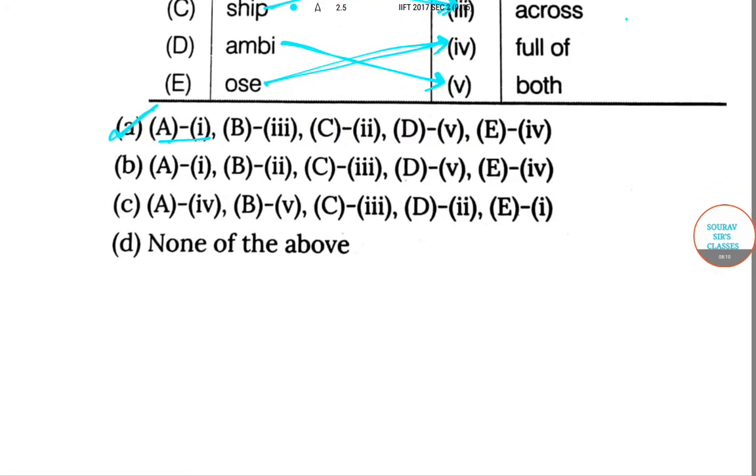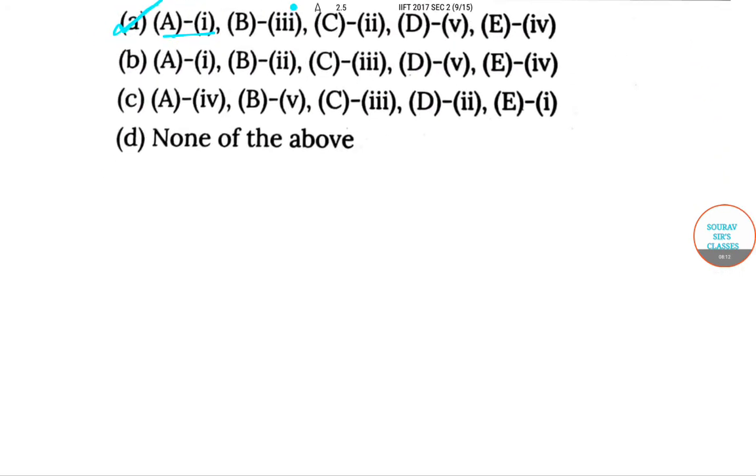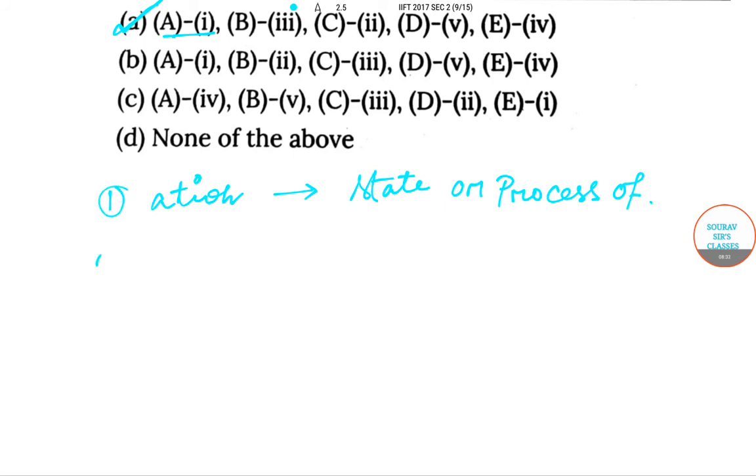So here we can write that Asian means state or a process of. Okay, this is the first one. Now the second one, we can write that trans, it means across.